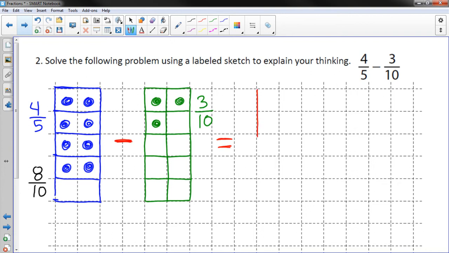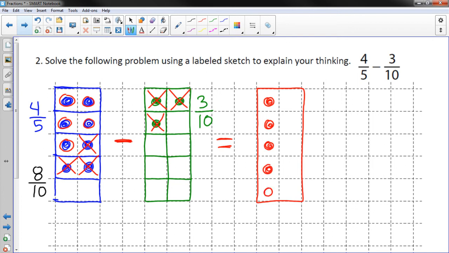I'm going to make my answer rectangle here. And subtracting means I'm going to take 3 of these away from the one on the left. So I'm going to take away 1, 2, 3. So my answer is 1, 2, 3, 4, 5.